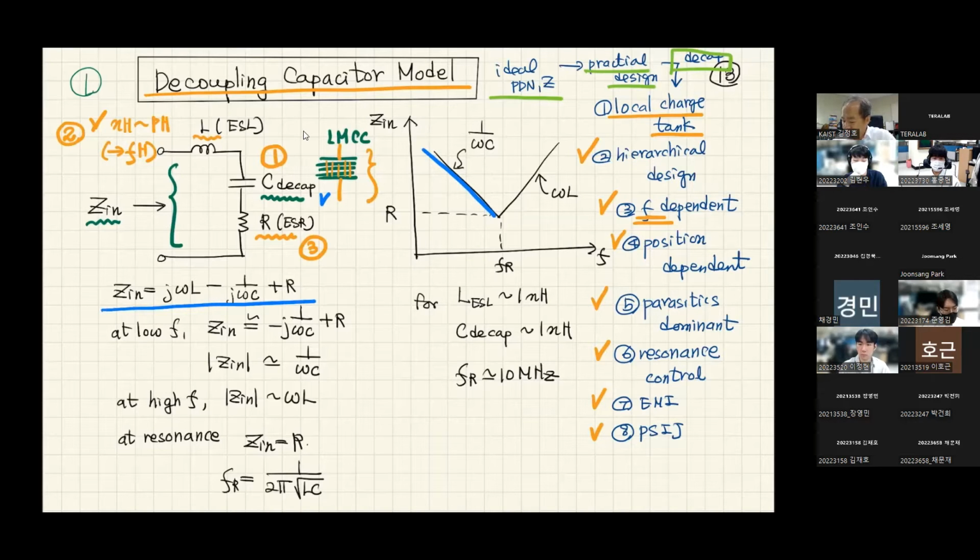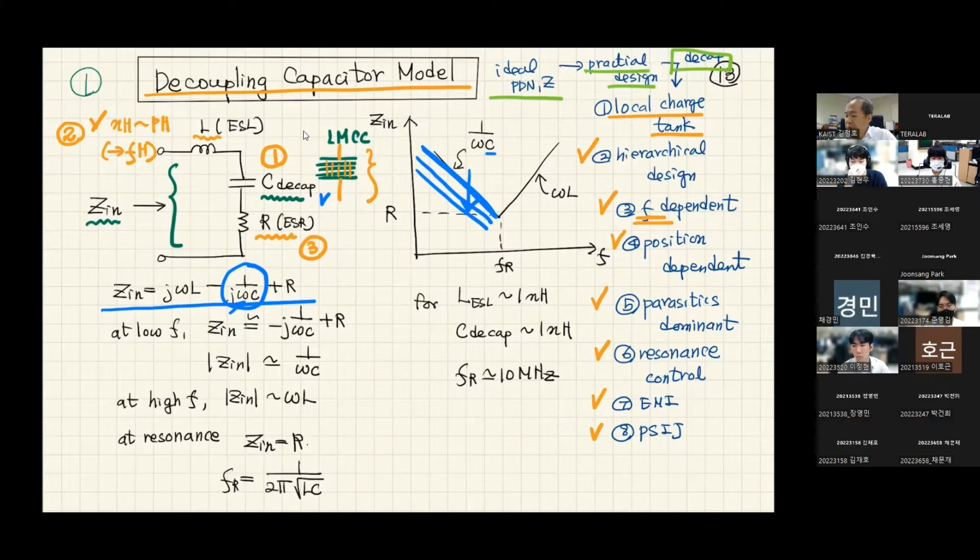If omega is very small, this term is dominant, because the impedance is 1 over omega C. So if omega is very small, this term will be very large. This logarithmic scale will be determined by C, the capacitance. And if you have a larger C, you reduce the impedance to a lower level.